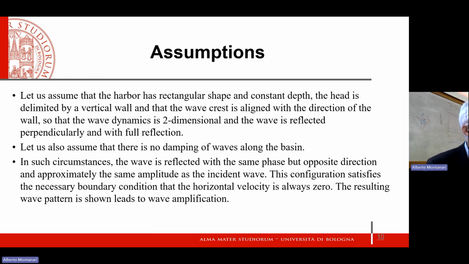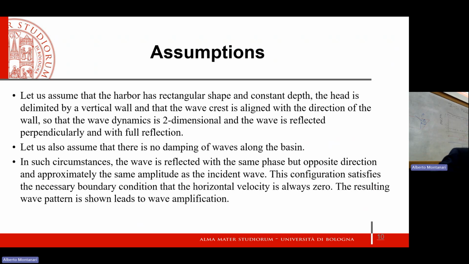Okay, as I said, the Harbour has a rectangular shape, and I didn't say this before, constant depth. This simplifies the treatment, because of course the characteristic of the wave and therefore the periodicity also depends on the depth of the Harbour. So if you have a depth that is decreasing, then also the shape of the wave changes.